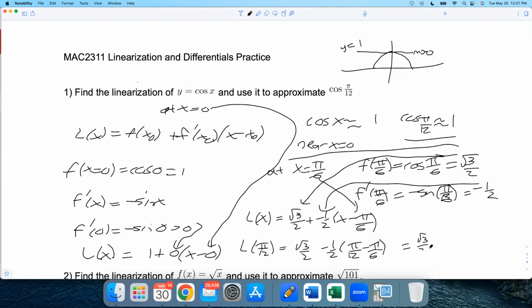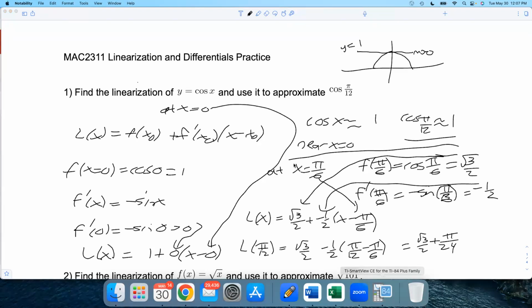I'll get root 3 over 2 minus 1/2 times negative pi over 6. Or no, I lied. This is negative pi over 12. That's 1 pi over 12 minus 2 pi over 12s. This in the parentheses is negative pi over 12 times a negative 1/2 would be plus pi over 24. So check all the details there. I did a little bit of arithmetic.